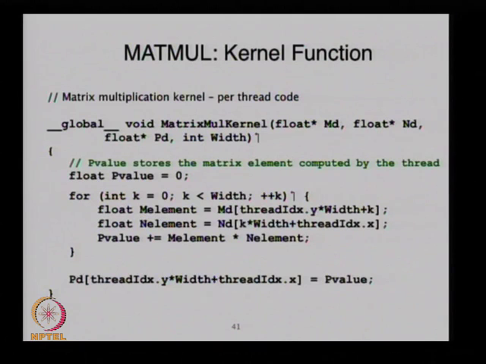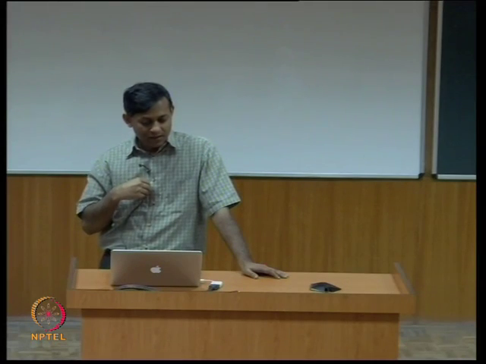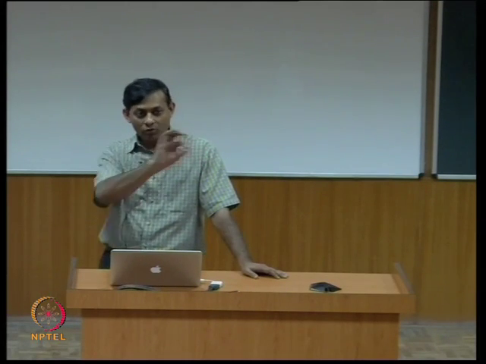If you have generated a width cross width block of threads, then your y index and x index tell you your i and j. To figure out where to read, this is where your Md and Nd will go, right? Your index tells you the row and column numbers. Here we are using only one block, so your index tells you that row and that column. How do you get the elements of that row now?